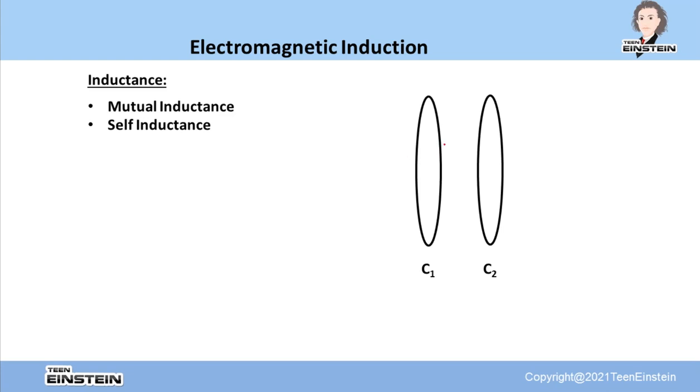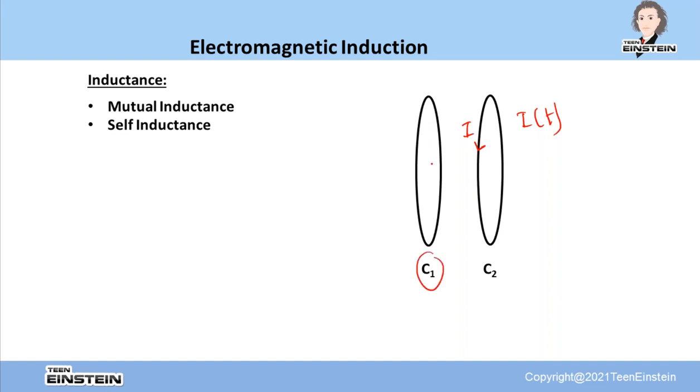If current is flowing in this coil C2, it will produce a magnetic field, and if the current is time varying or changing in this coil, the magnetic field created by this coil will be linked as flux in this coil C1.